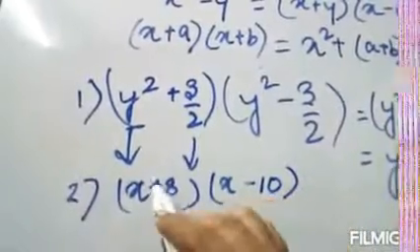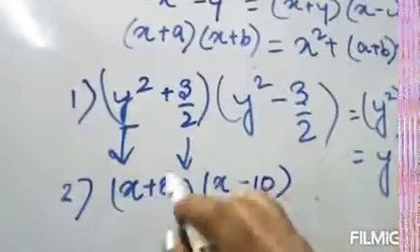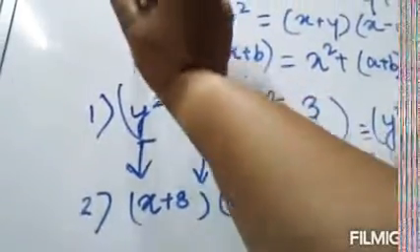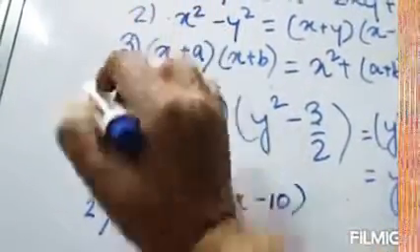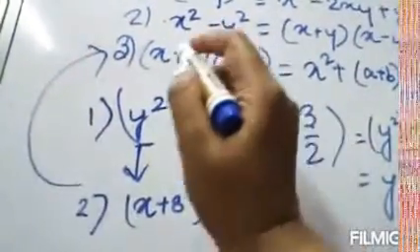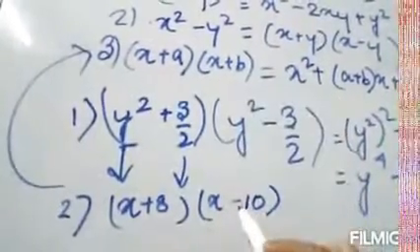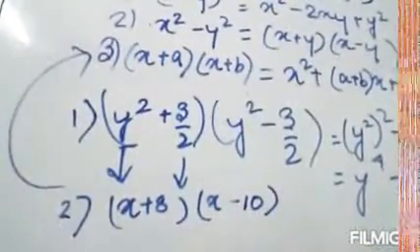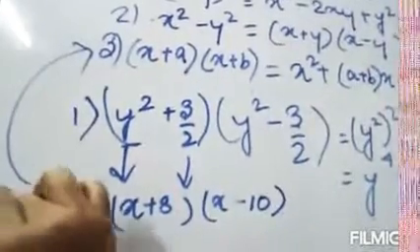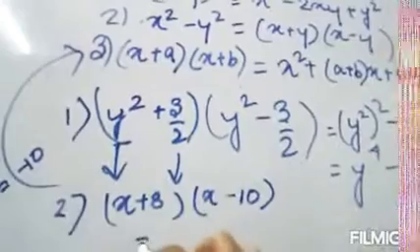Now see here, which of the three identities that I have written is similar to this one? This is similar, correct? But you will be telling that, ma'am, here it is plus b, but here we have minus 10. So we'll consider b as minus 10, and we will solve.